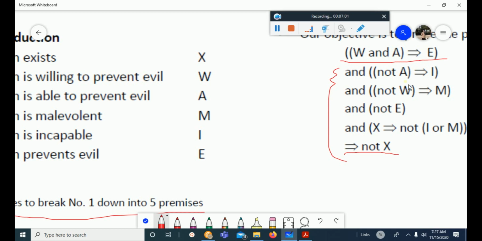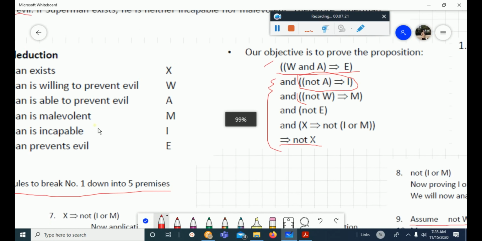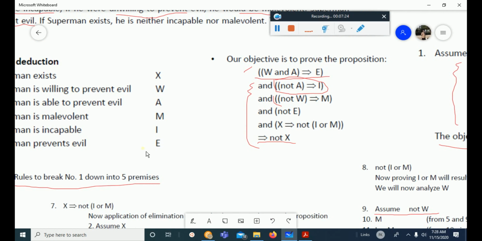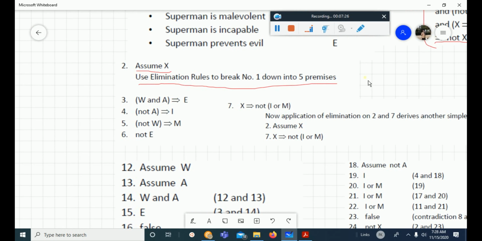So we have eliminated all those statements. Then the fourth one is this statement, and all the other statements we eliminate, and the same for all these. So we have broken that down into 5 propositions.